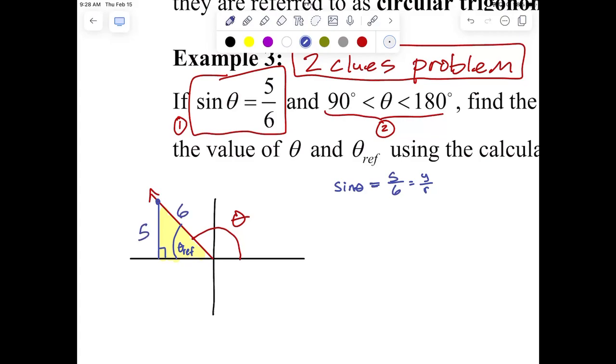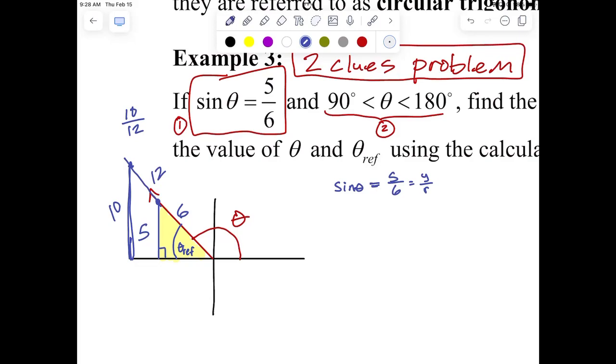I'm going to label the 2 sides. Is that true? If I had those 2 sides and I asked you what sine of theta is, you would say sine of the angle theta is y to the r, that's 5 to the 6. Now, what if the point was further out? What if we dropped the point from way out here and it were actually 10 and 12? What would the sine ratio be if the triangle was bigger? It would be y over r.